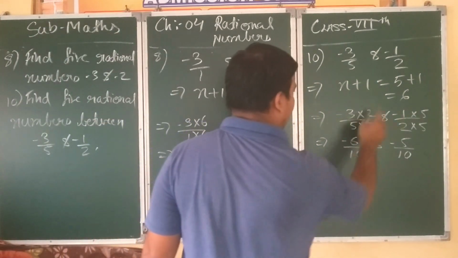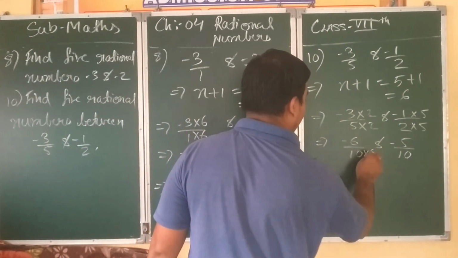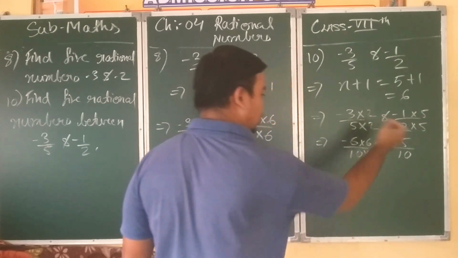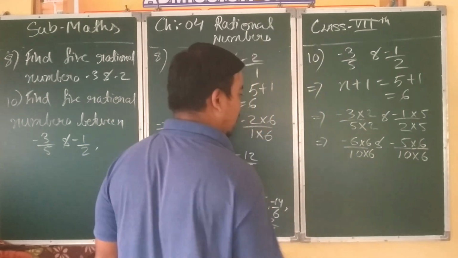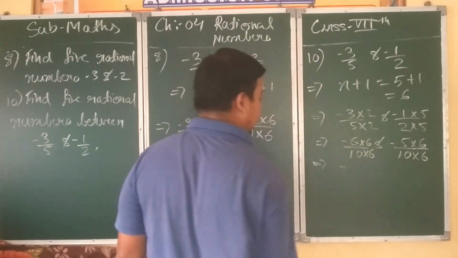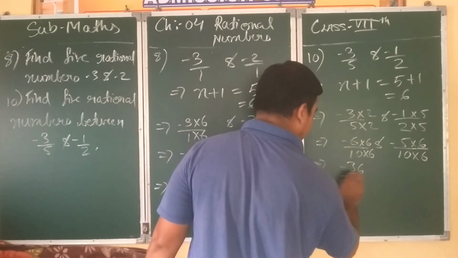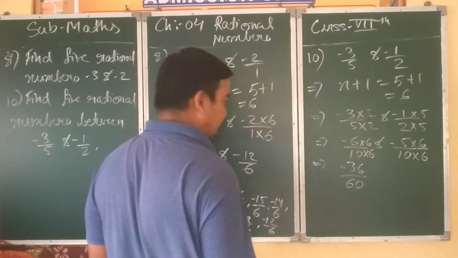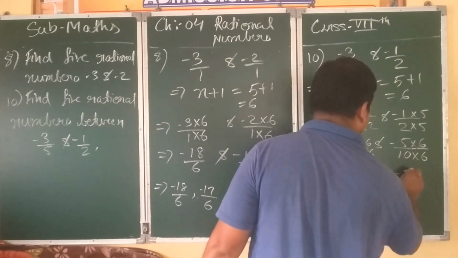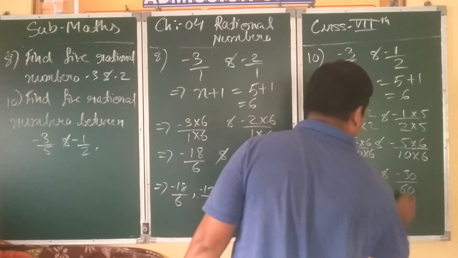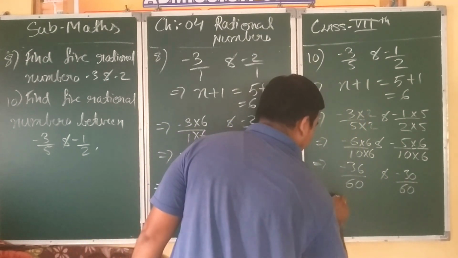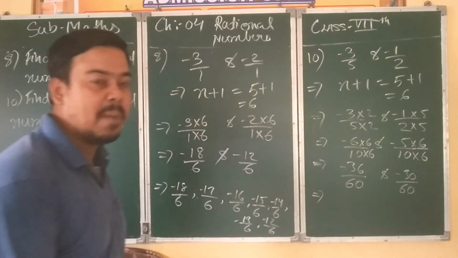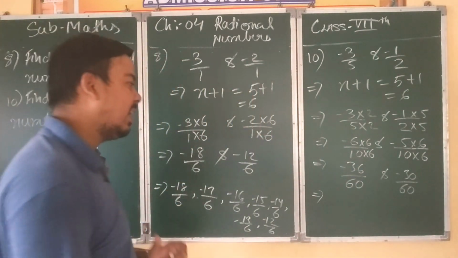Now we multiply both numerator and denominator by 6, on both. So minus 6 into 6, minus 36 by 60, and minus 30 by 60.